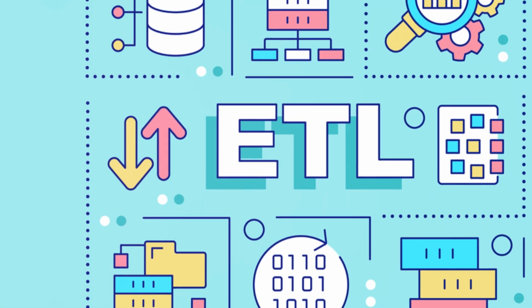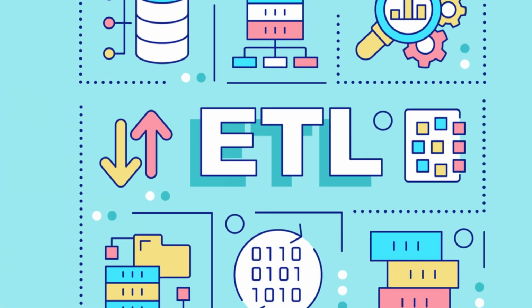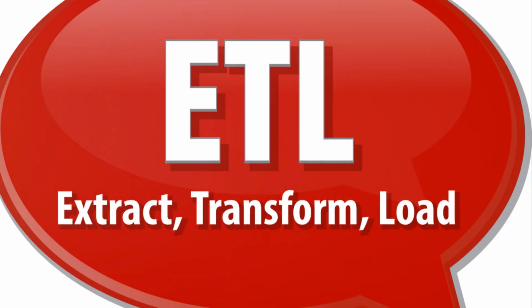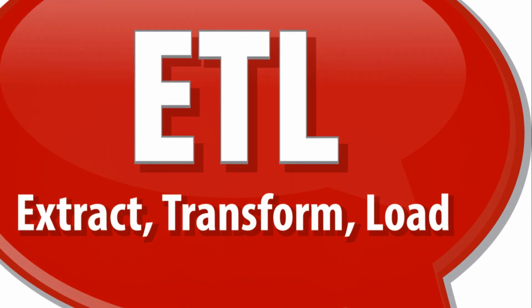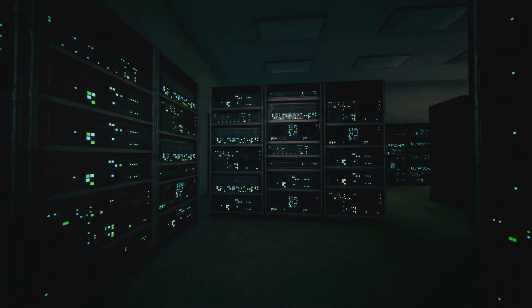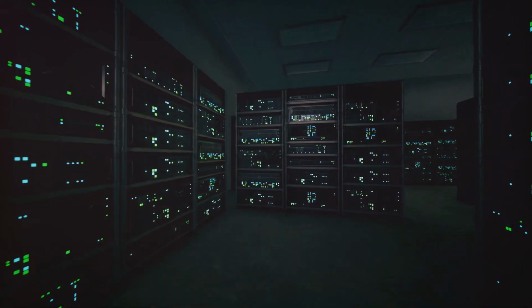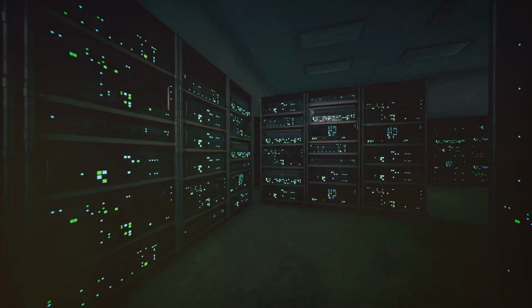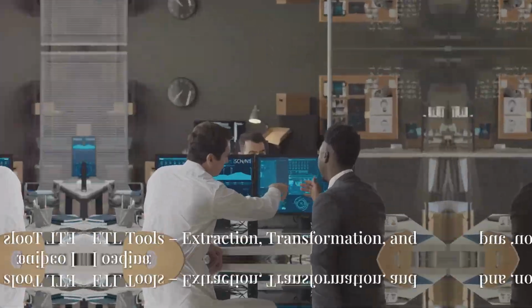In traditional ETL, the transformation happens outside of the target system, which may be better for environments where the data needs to be cleaned and standardized before storage. However, ELT is more suited for modern data systems with powerful data warehouses that can handle transformation at scale, such as cloud platforms.